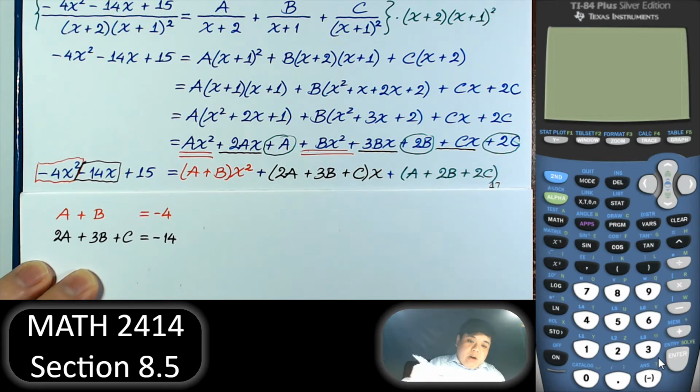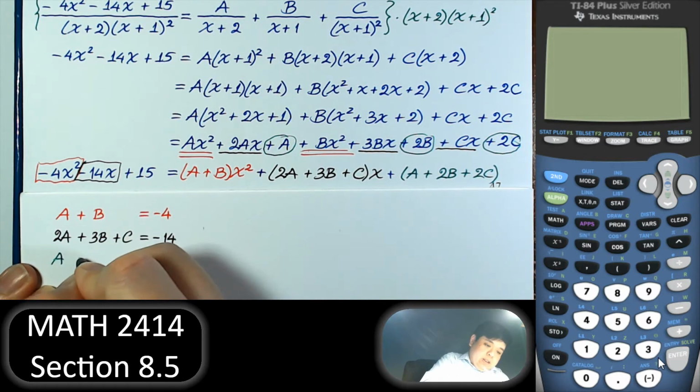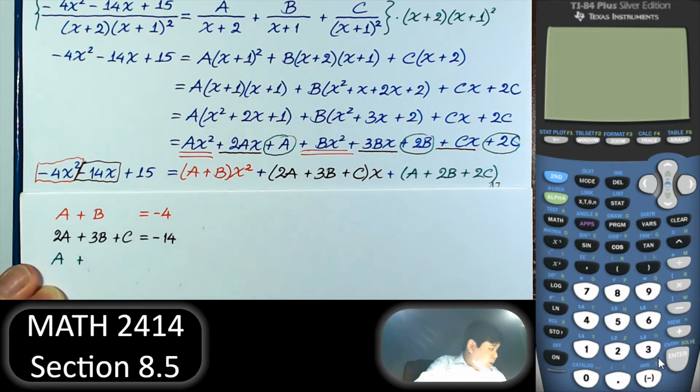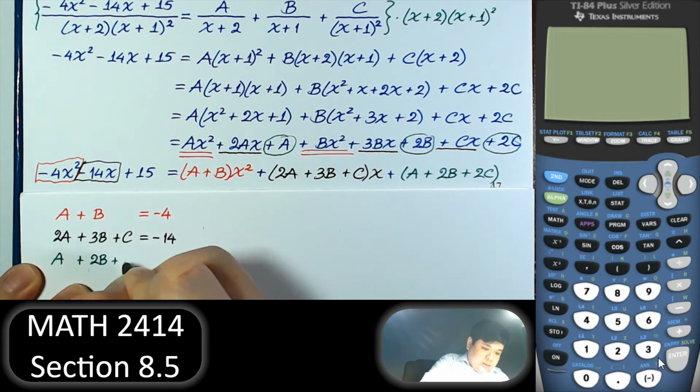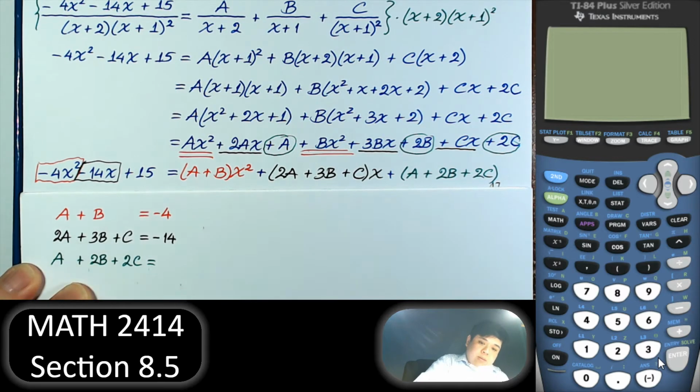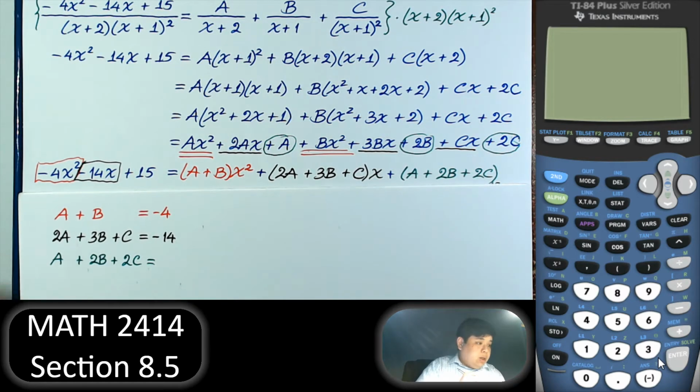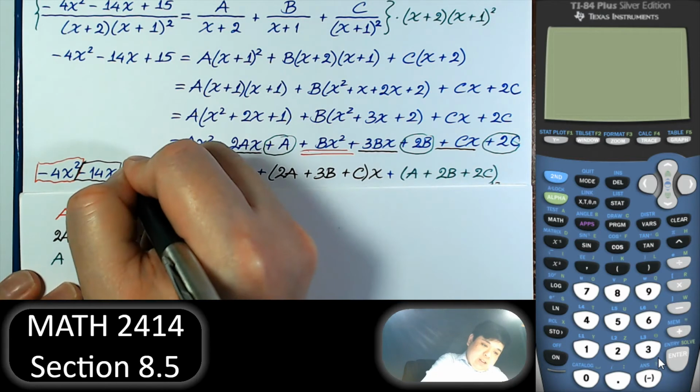And then the last one, a plus 2b plus 2c, equal to 15.